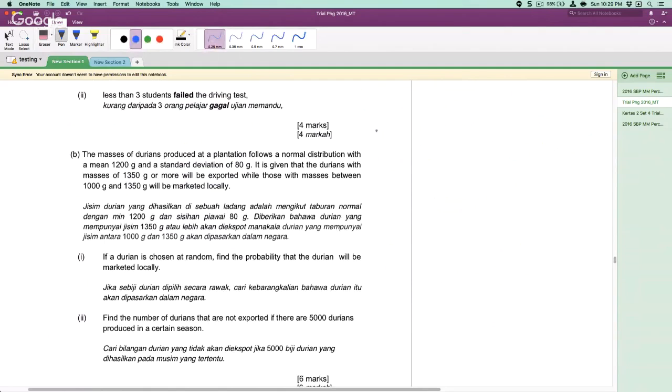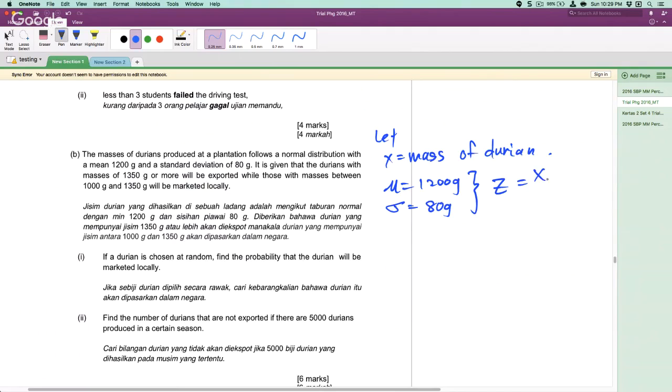The question gives me the mean equals 1200 gram and my standard deviation equals 80 gram. You should know both of these are for you to find the Z value, because the formula for Z is basically X minus mean over standard deviation. So both of these are for you to substitute into the Z formula over here.